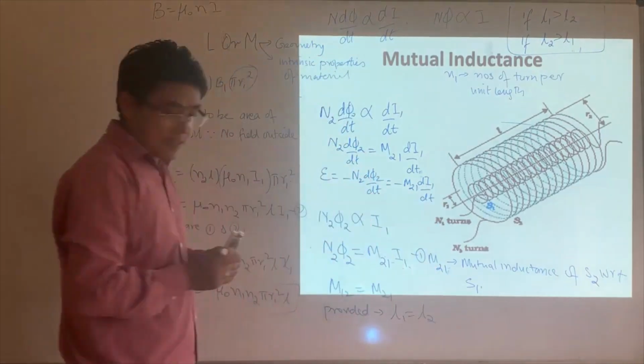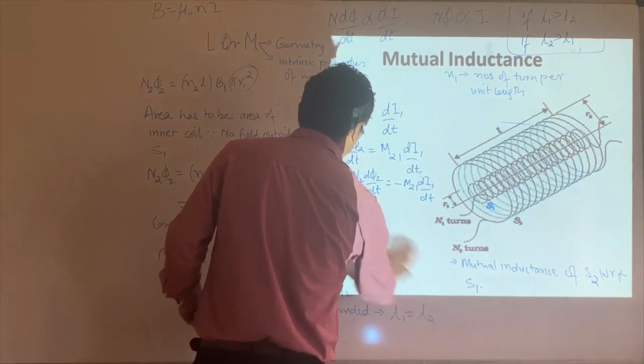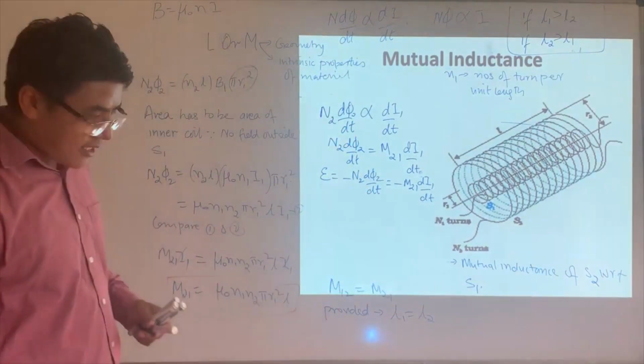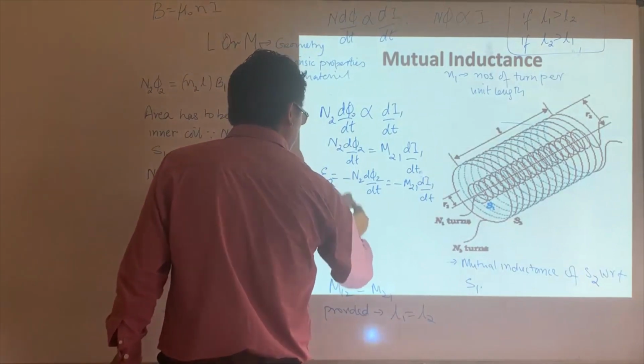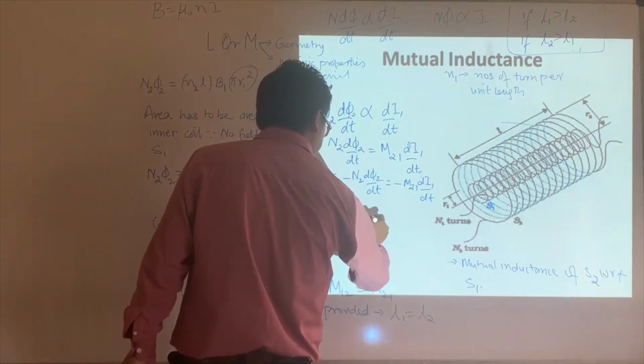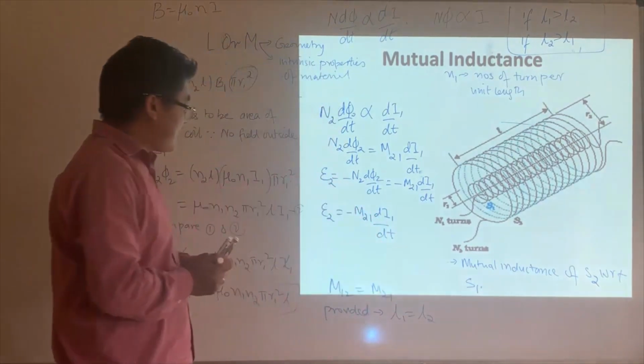This is the answer. So the EMF induced in the second solenoid would be this.